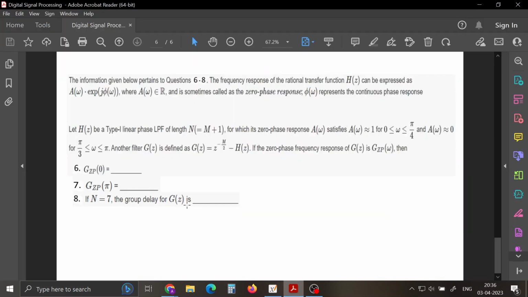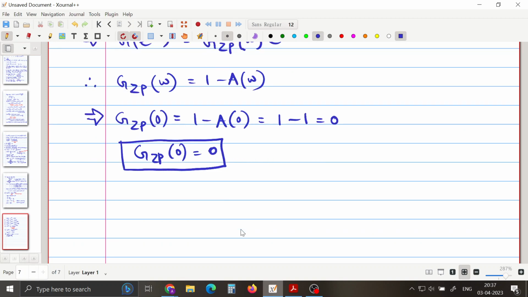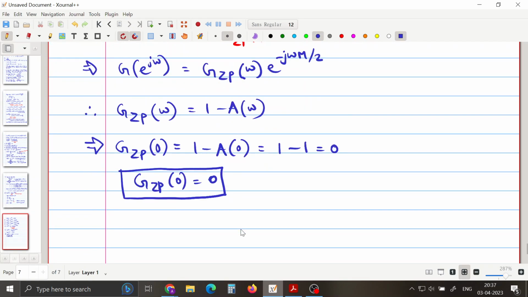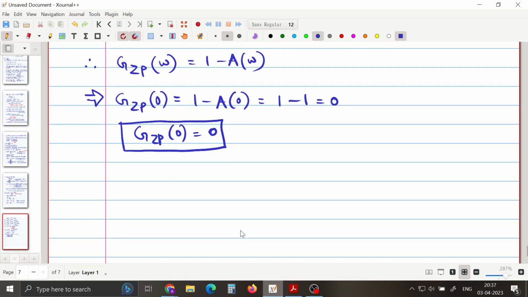Now in question number 7 we need to just do the same thing for omega equals pi, gzp of pi. gzp of pi is again 1 minus a of pi.